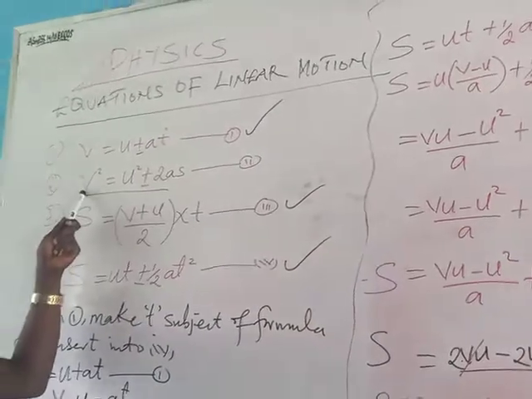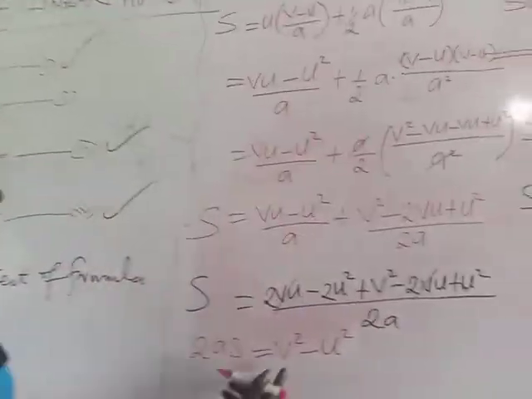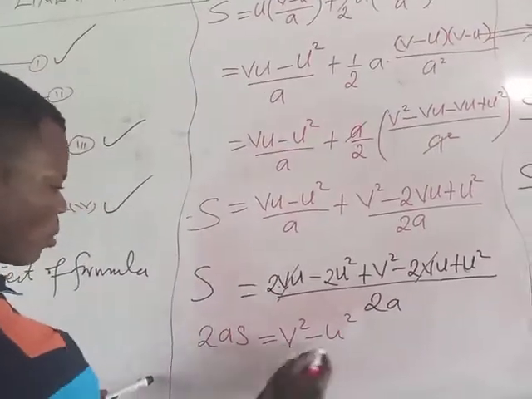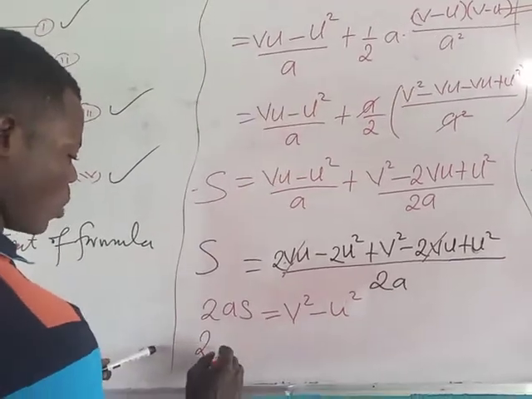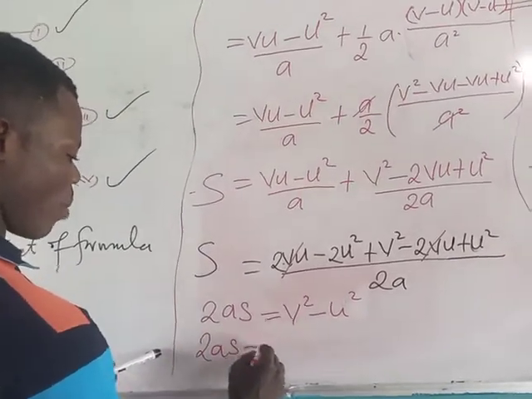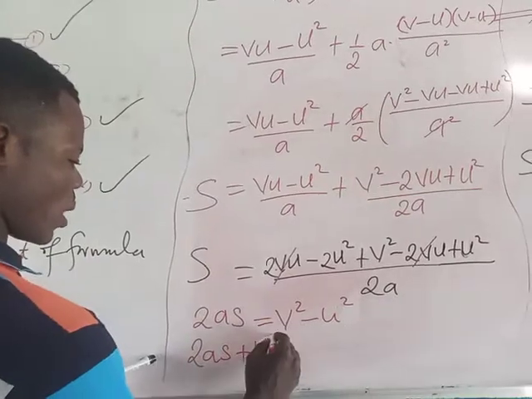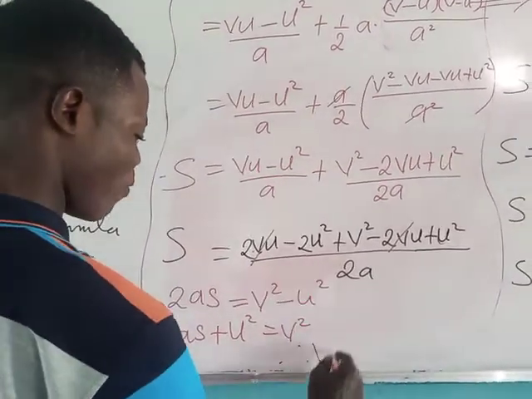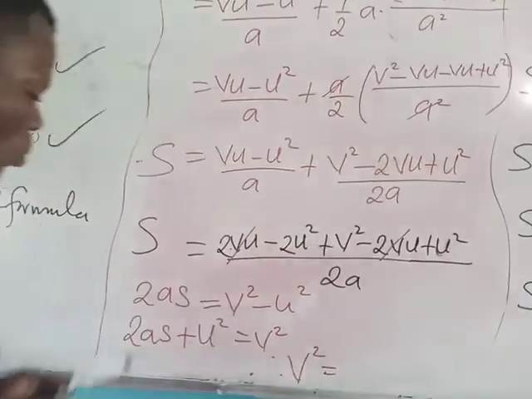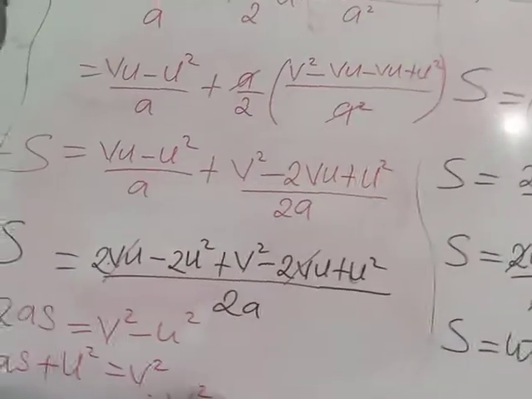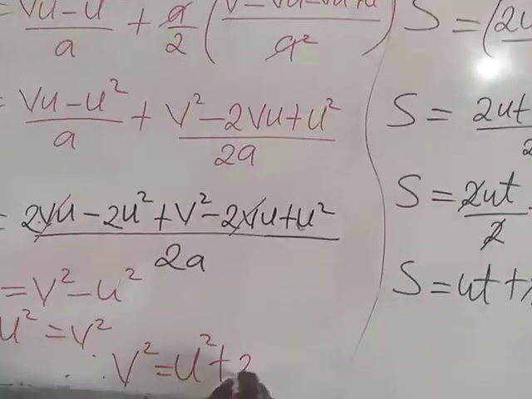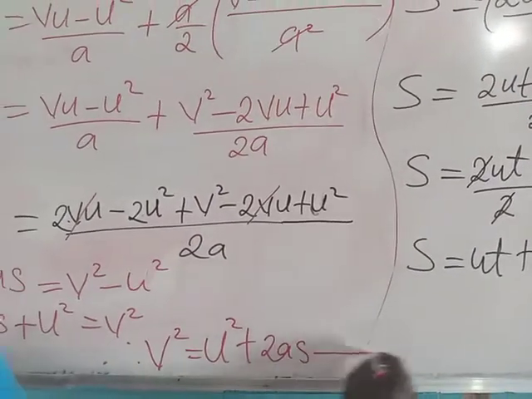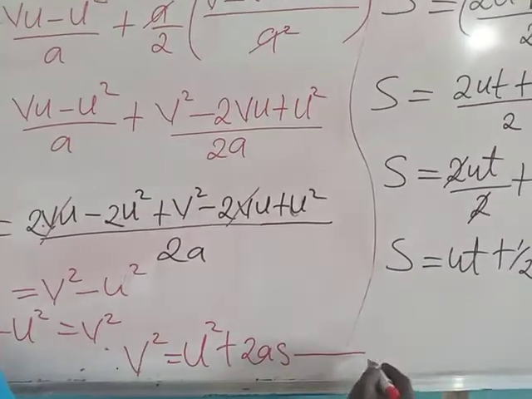I want to make v squared the subject of the formula. That means this will come here, and when we do that, we are going to have 2ax plus u squared is equal to v squared. Therefore, we can say our v squared is equal to u squared plus 2ax. And this is equation 2.